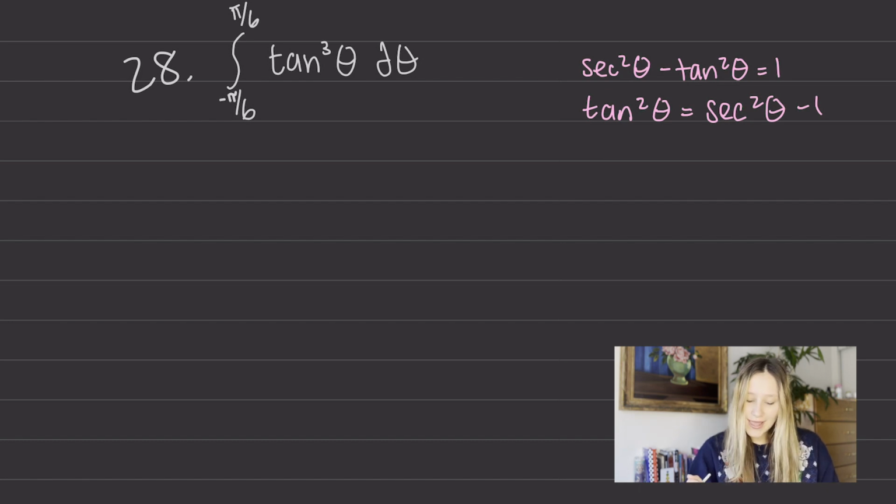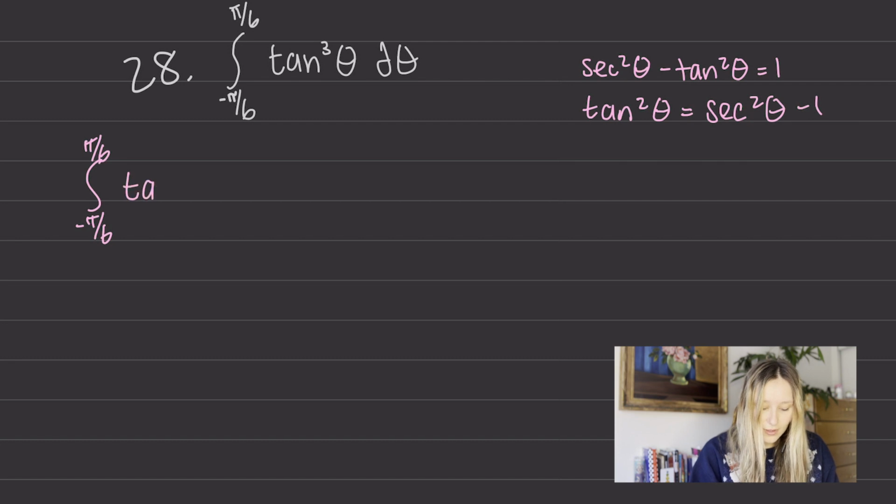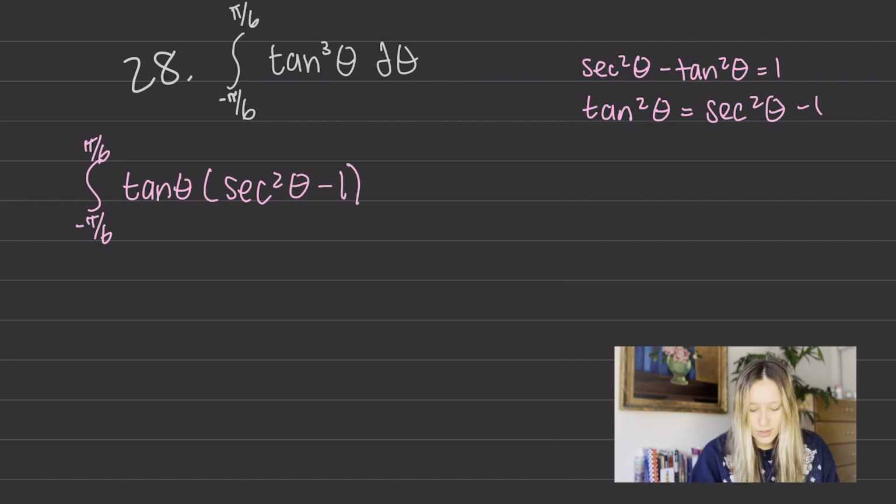So we're plugging that in. We get the integral between minus pi over 6 and pi over 6 of tangent theta times secant squared theta minus 1 d theta.